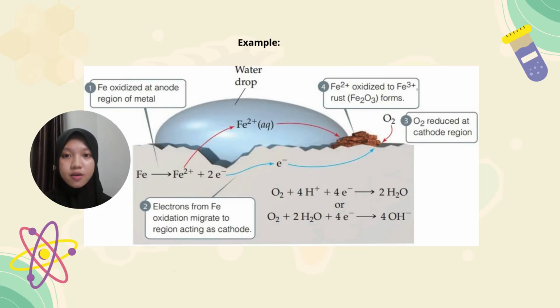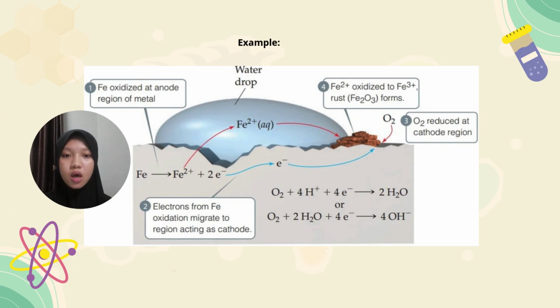First, Fe, iron, will oxidize at the anode region of the metal. Within the equation, iron will form Fe2+ plus 2 electrons, which means it lost electrons. For iron, it went through the oxidation process. Meanwhile, oxygen O2 went through the reduction process. At the cathode region, O2 will get reduced.